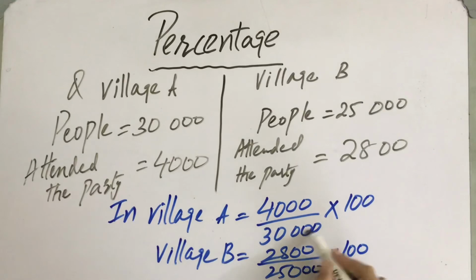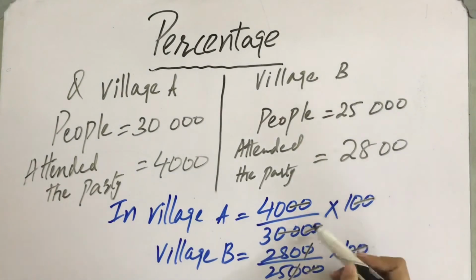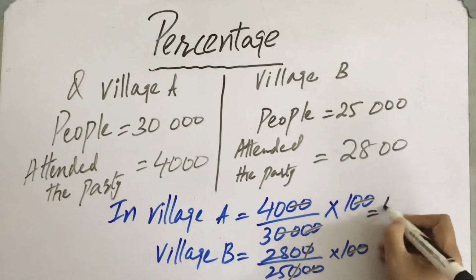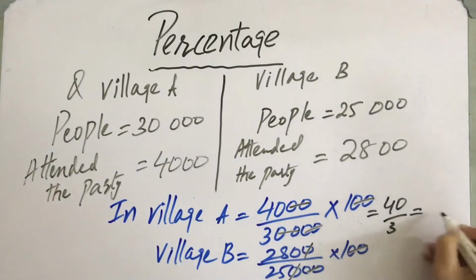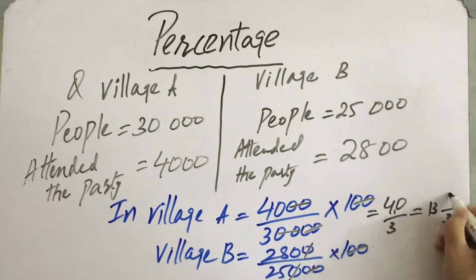So cancel two zeros with two zeros, and we have 40 over 3, which is 13 whole 1/3%.